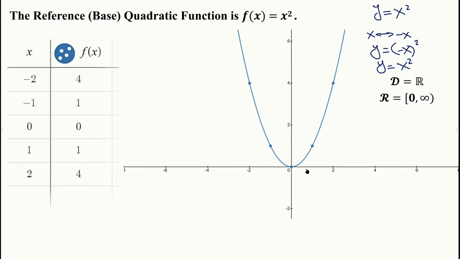And notice the range, though, is going to get limited to all non-negative real numbers, because when you plug in real numbers into x squared, you're not going to get any negative outputs. So the outputs are all going to be 0 or higher. That's why the range is bracket 0, comma infinity, or the half open interval 0 to infinity.